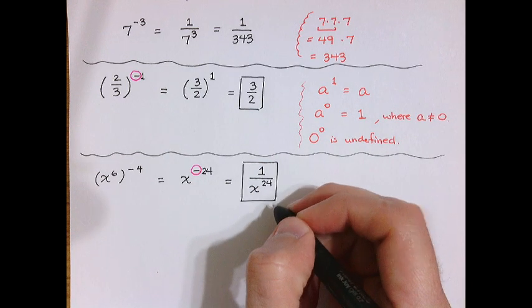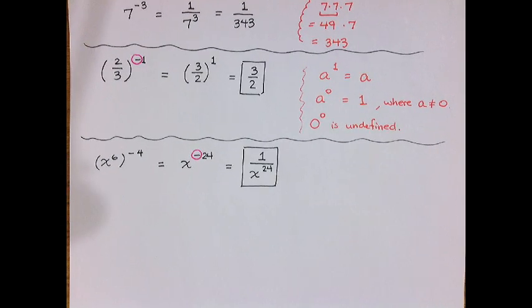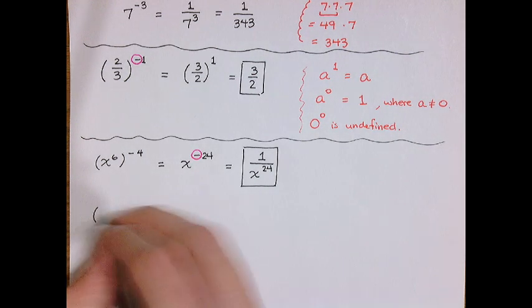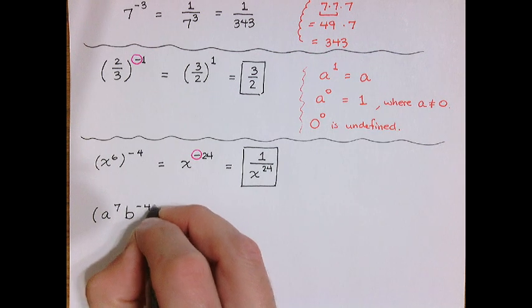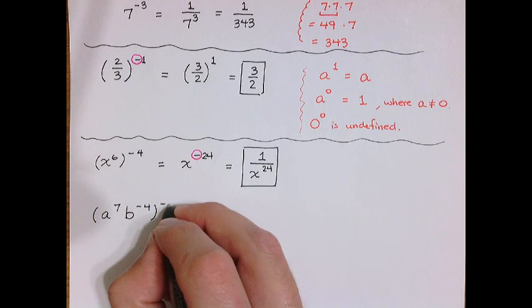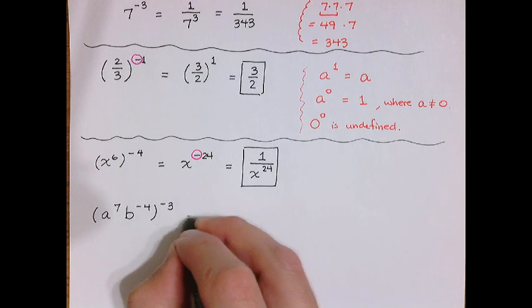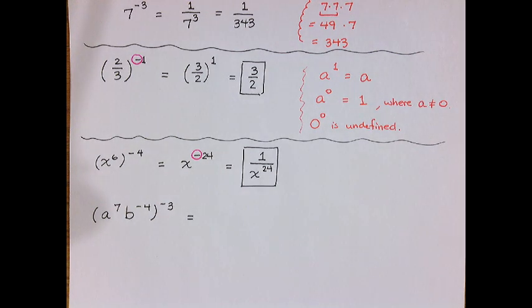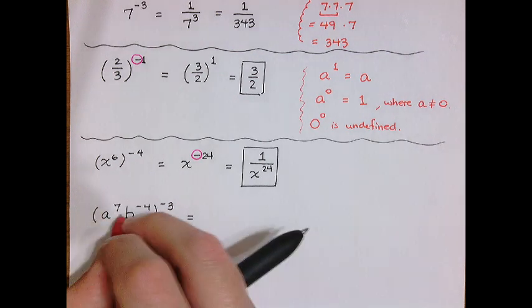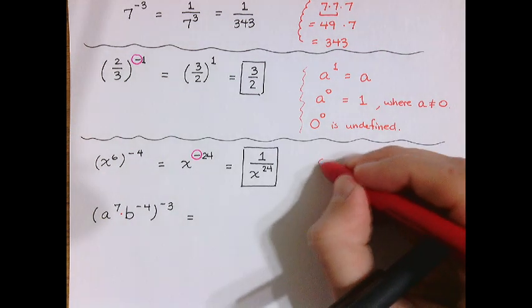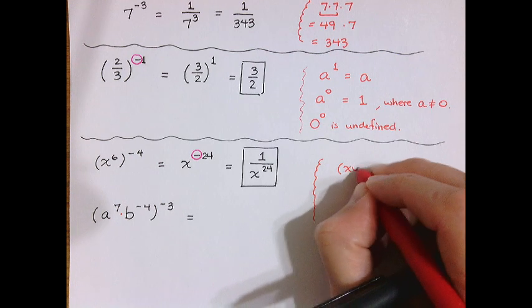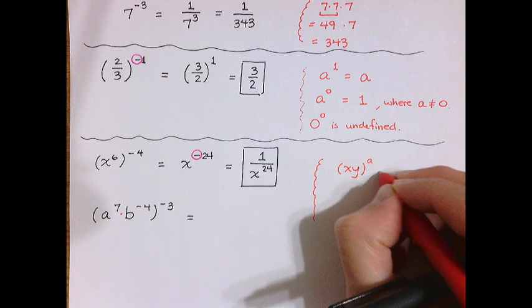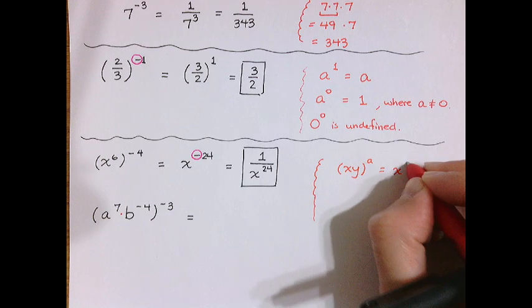I know you're thinking that's kind of boring. Don't things get any more exciting? Well, let's try this. a to the 7th, b to the negative 4th, to the negative 3rd power. Now, one of the things we didn't mention yet, well, at least on this stream, is that you have a product here. And one of the properties that we have is that when you have a power that is applied to a product, that means that each factor receives that power.